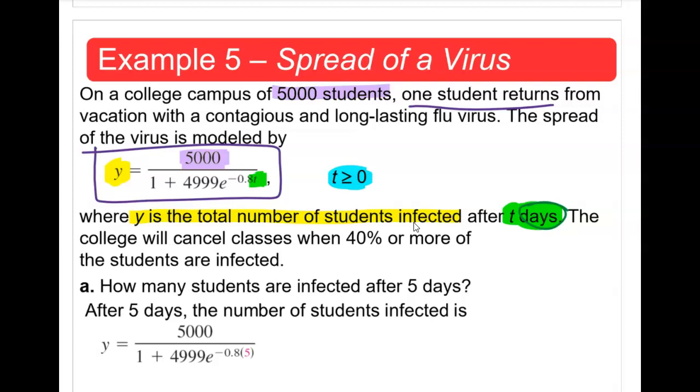So the next sentence says, the college will cancel classes when 40% or more of the students are infected. So 40% of the students, and we want to find a percentage, so we could say that 40% of 5,000 students is going to be 0.4 times 5,000, and that would be equal to 2,000.